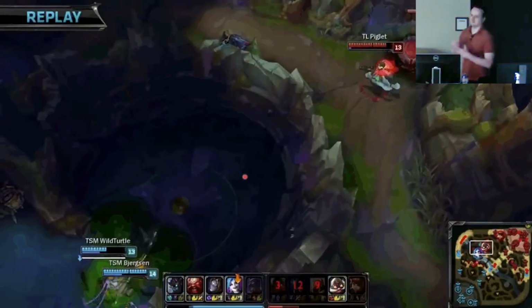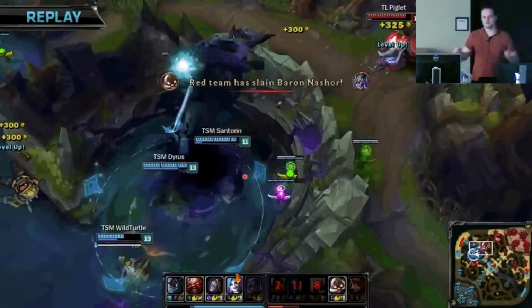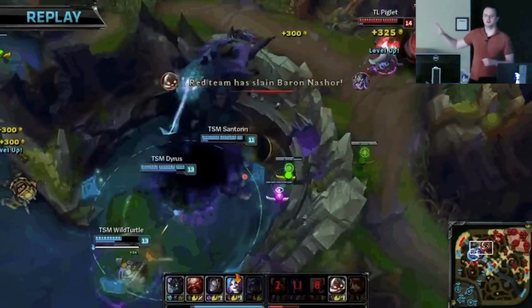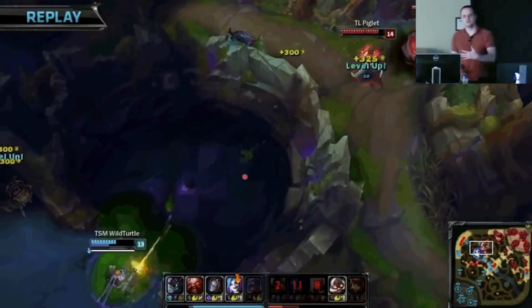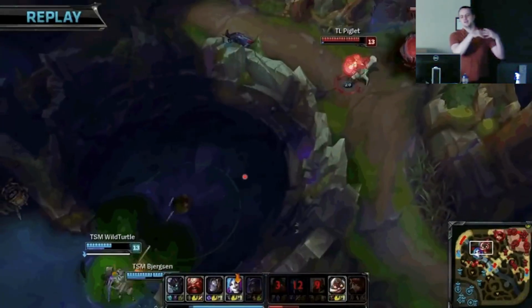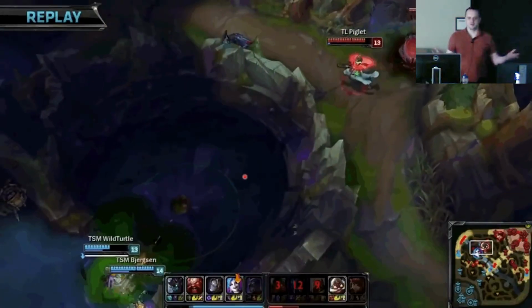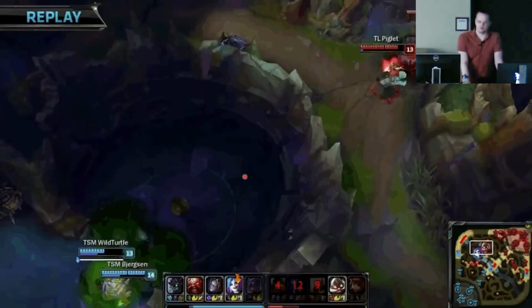That doesn't mean he was guaranteed to make that shot. This is still a low probability of happening. But this is a case where the Markov property doesn't hold, because he would have had to know, 30 seconds ago they started attacking the Baron and they have these items, or the last time I saw them, etc. So the Markov property does not hold for all environments, just for simpler environments.